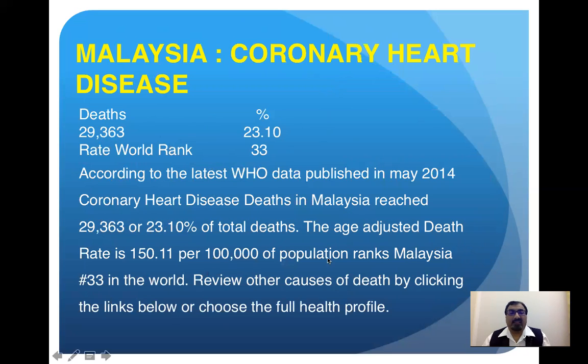The adjusted death rate is 150.11 per 100,000 population. So you can see that Malaysia also has this disease as very important, and it is on the rise compared to Europe or the US. And this reflects that we should do something to prevent this and reduce the burden on the state.